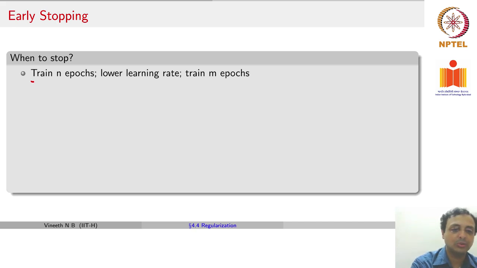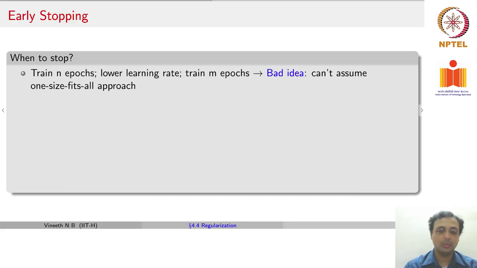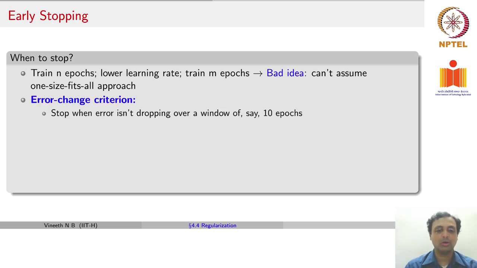So we're going to talk about a few heuristics which we can use to decide when to stop training. One thing you can do is to train n epochs, lower the learning rate, train m epochs, and so on and so forth. This is an approach, but it's not a very advisable approach because you don't know what n and m should be for all kinds of neural network models. Instead, we can use a criterion known as the error change condition. In the error change condition, we keep checking how the error has been dropping over a window of epochs.